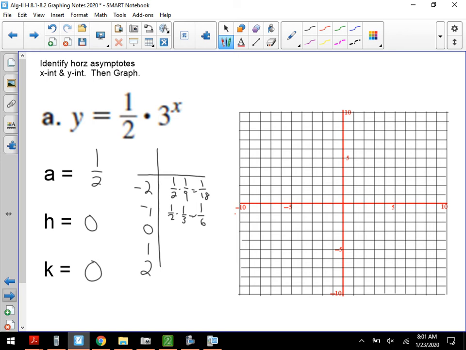Now, what's 3 to the 0? 1. So what's it at 0 now? 1/2. It's going to be your a value. And then at 1, it's going to be 3/2. And then 9/2. Are we okay with that?